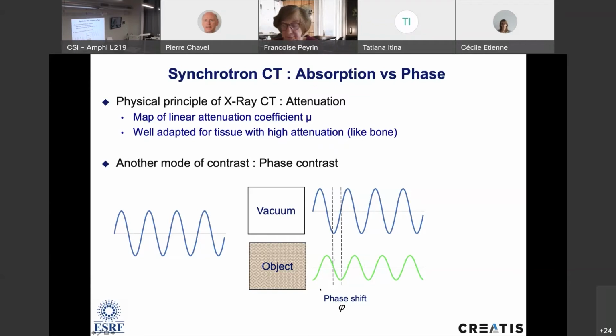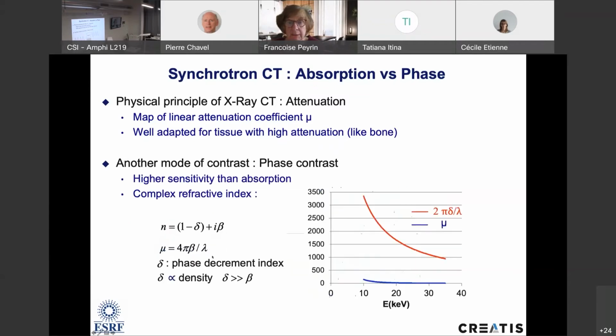And this is modeled by the complex refractive index, which includes a real part and an imaginary part. The imaginary part corresponds to the standard absorption part that we are used to image in CT, and the real part is modeled by this delta parameter, which is the phase decrement index.